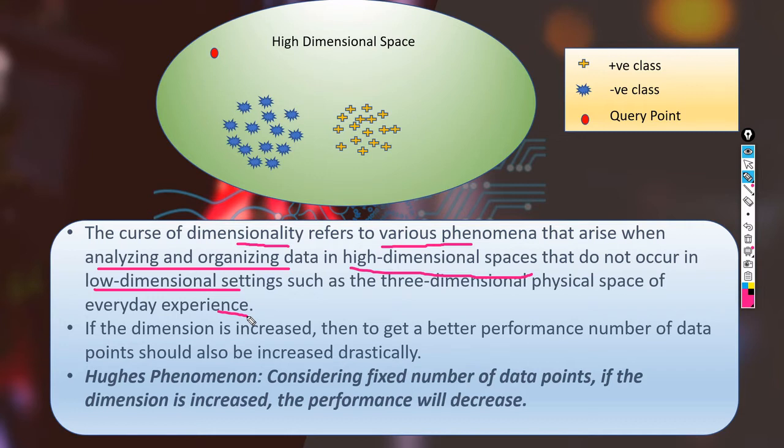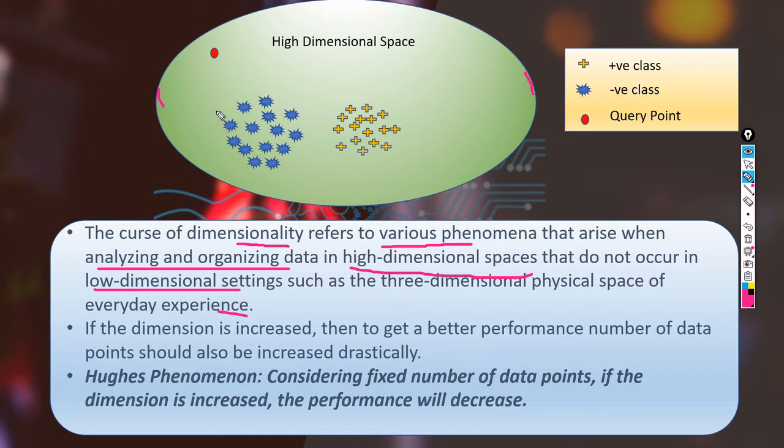Just think of this shaded green region as a high dimensional space, say 1,000 or 10,000 dimensional space. Now you are doing a simple classification and you have some data points.